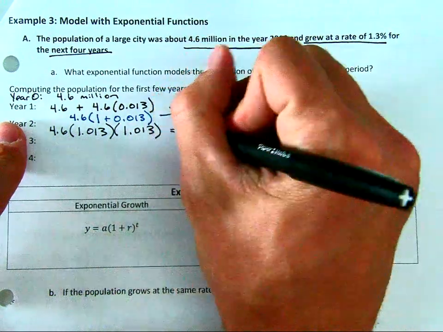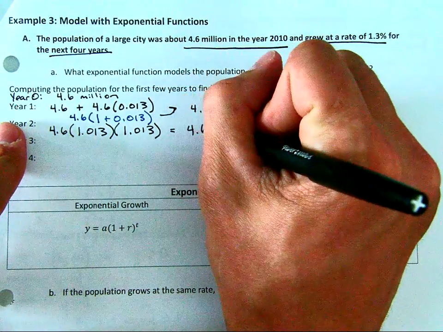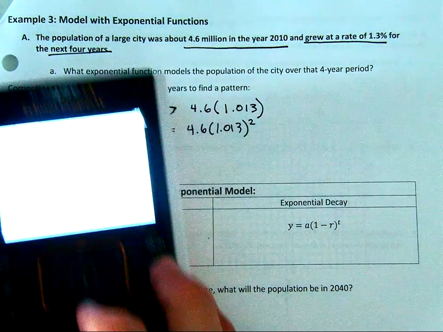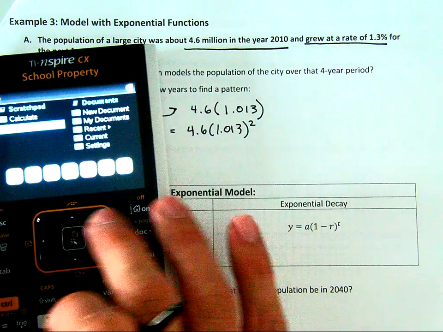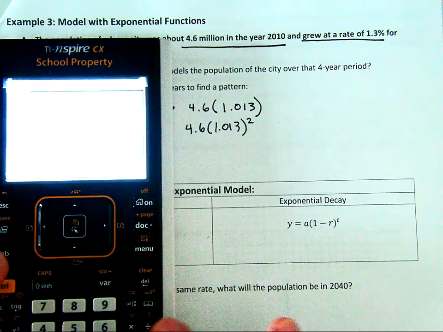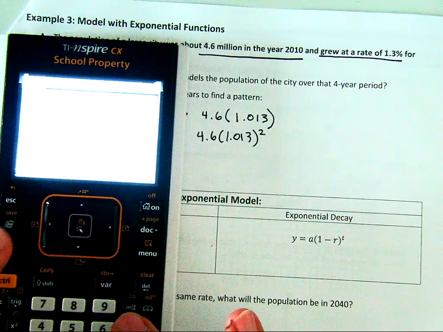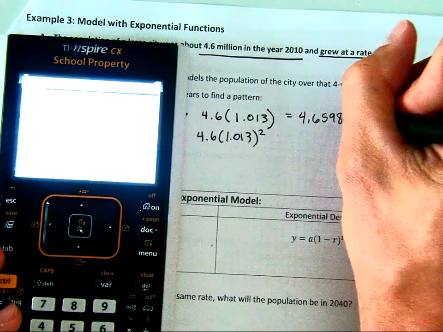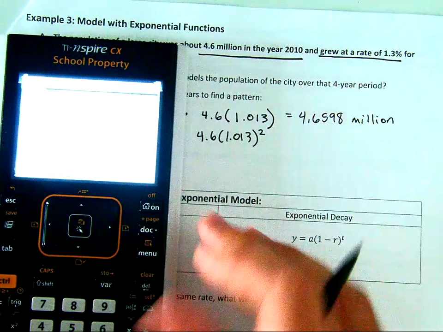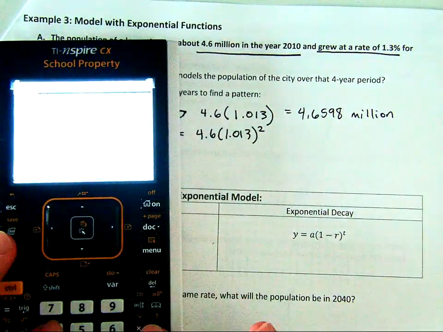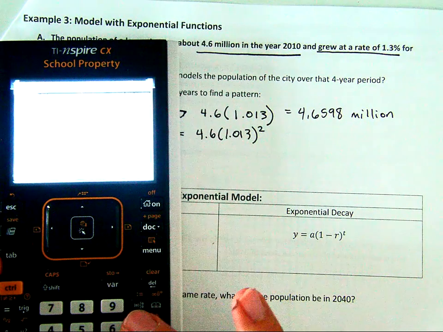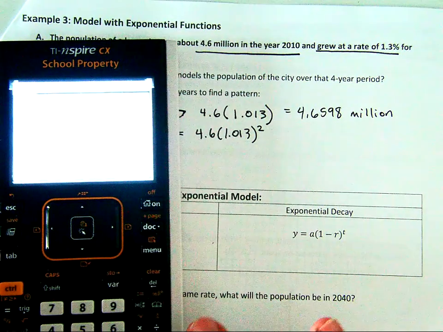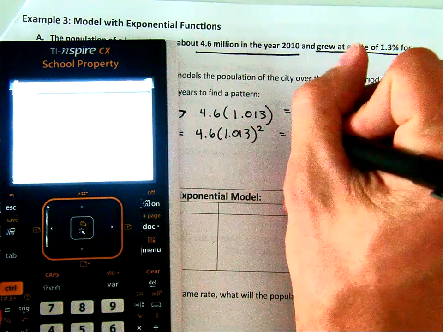So at year 1, we end up with 4.6598 million. Year 2, we end up with 4.72 million. And you can probably quickly identify the pattern.